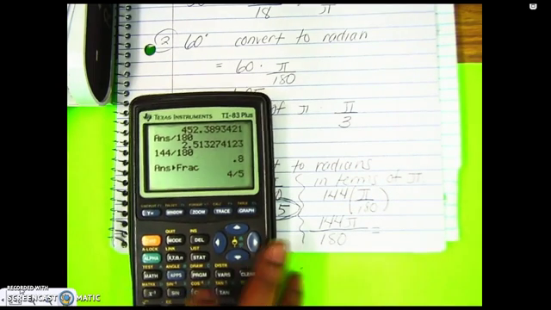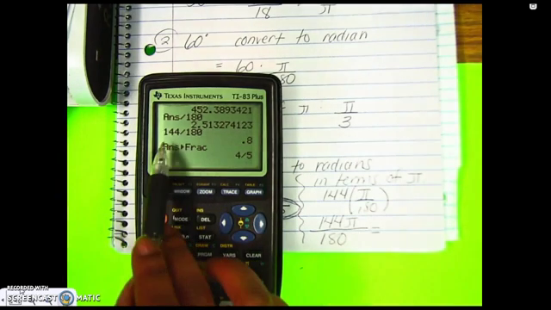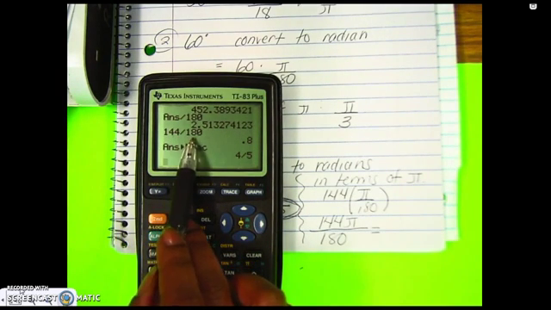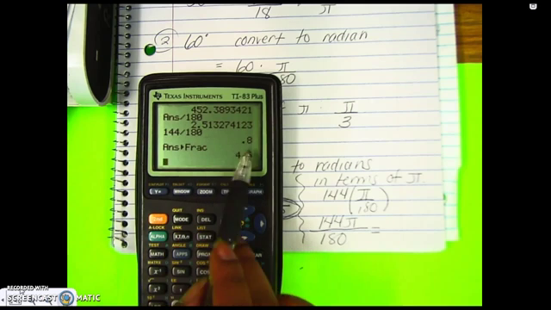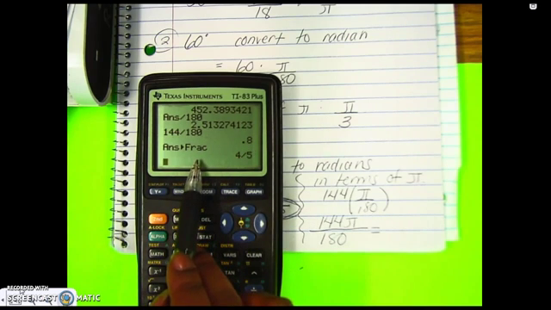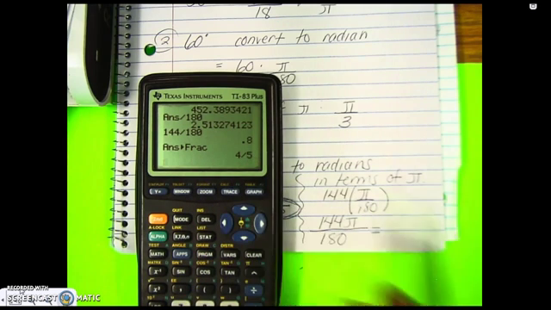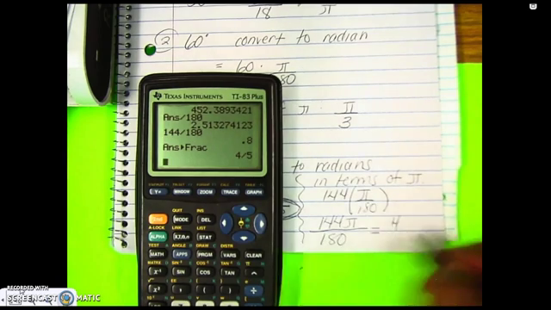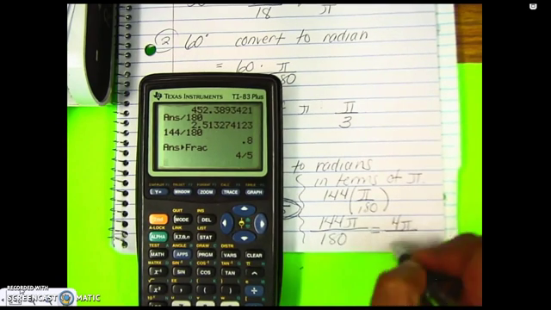I did 144 divided by 180 in my calculator. That gives me 0.8. Okay, and then I want to change that to a fraction. So 0.8 as a fraction is 4 over 5. And my final answer is 4 pi over 5.